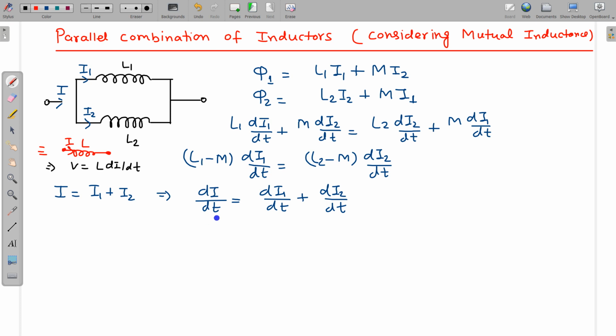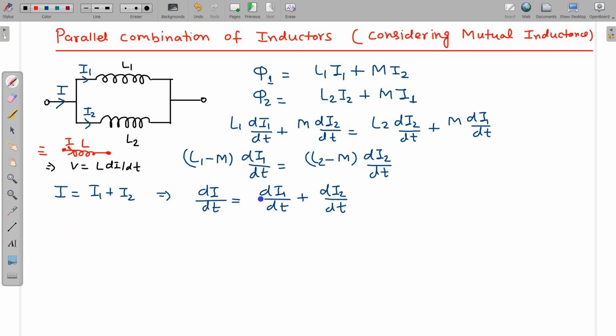So I can replace di by dt in terms of V and the equivalent inductance, and similarly I have to write di1 by dt and di2 by dt in terms of V, which is the voltage applied across this combination. So how do I do it? First let us convert this equation in terms of only one current, either I1 or I2.